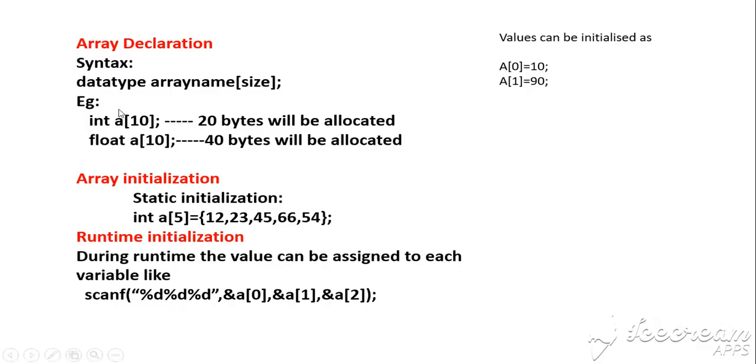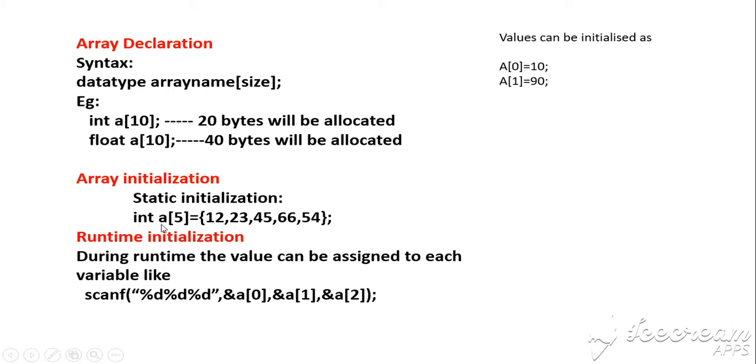Okay. And then comes array initialization. We have seen in C programs that an initial value can be given to any variable during the declaration itself. That means we used to give int x = 10, int y = 10, etc. In the same way, initialization can be done for array elements also during the time of declaration.